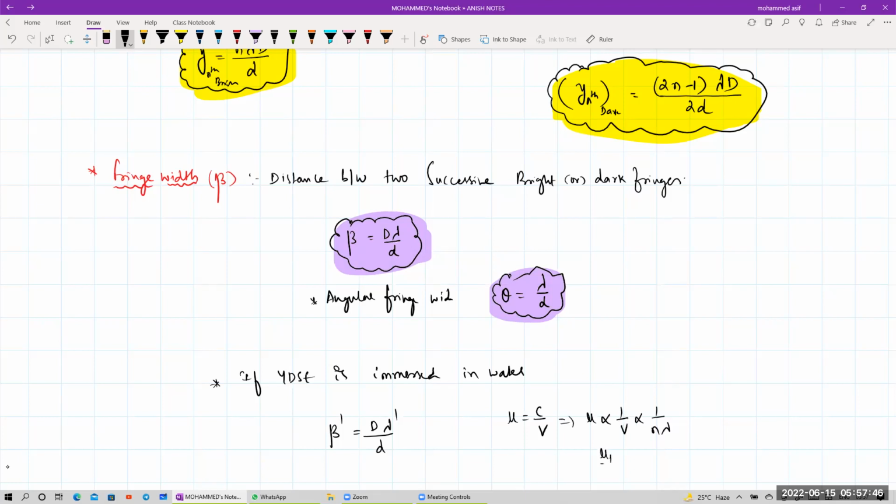So I can write here mu1 by mu2 is equals to lambda 2 divided by lambda 1. mu1 is nothing but what? Air के लिए 1 हो जाएगा, mu2 is mu, this will be equal to lambda dash divided by lambda.